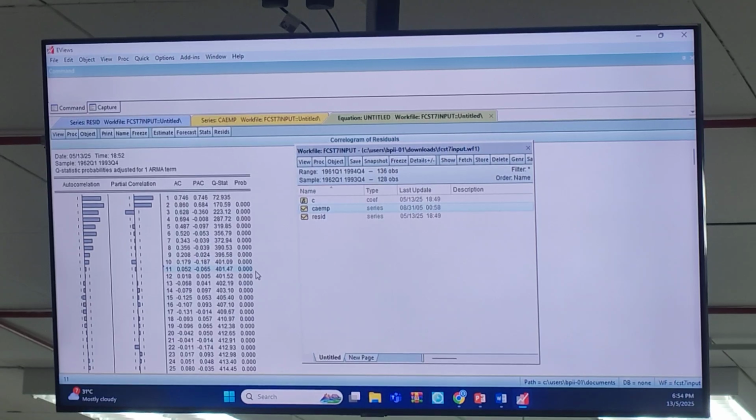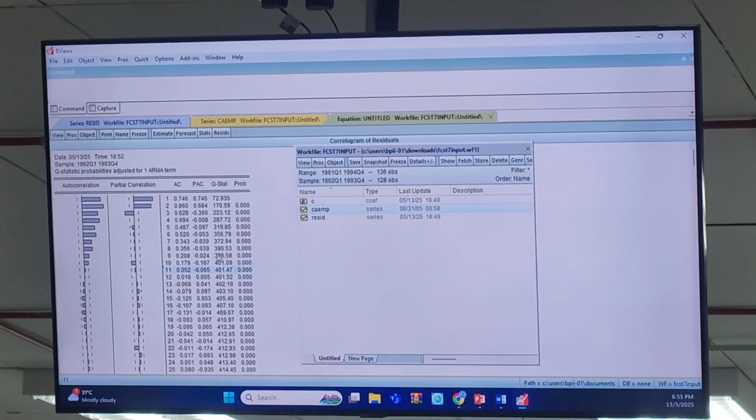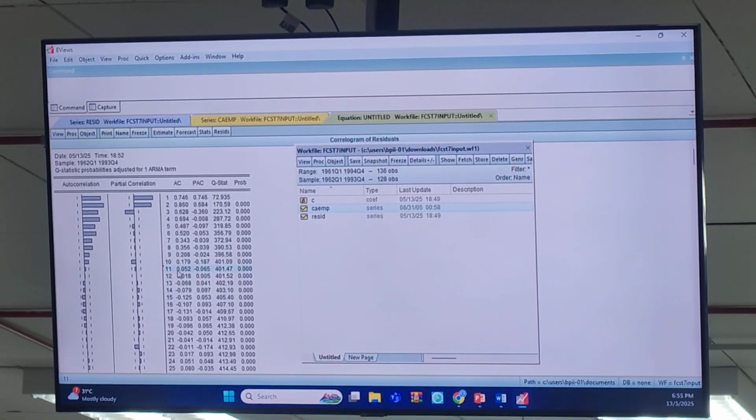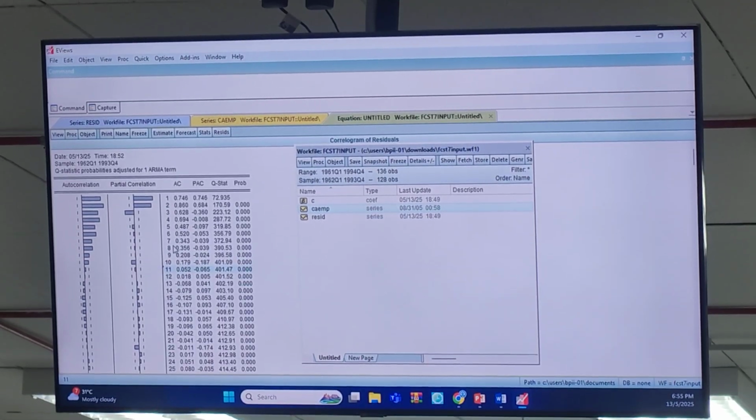As usual, for any test, when the p-value is less than our significance level of 5%, we reject the null hypothesis and accept the alternative. In this case, the alternative says that at least one of the autocorrelations from lag 1 up to 11 is not equal to 0.